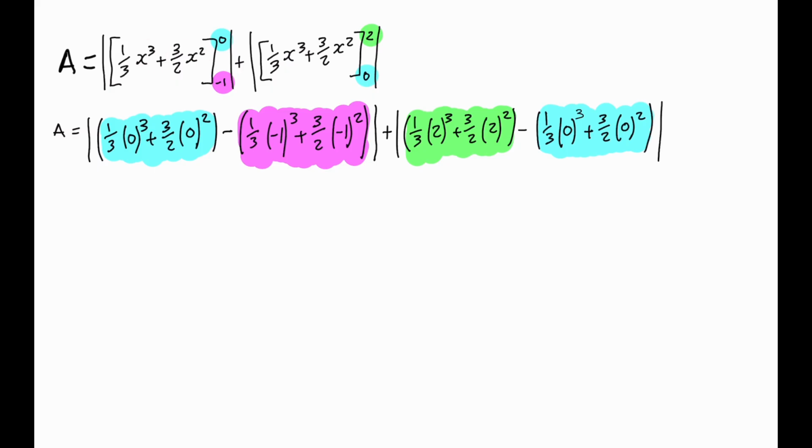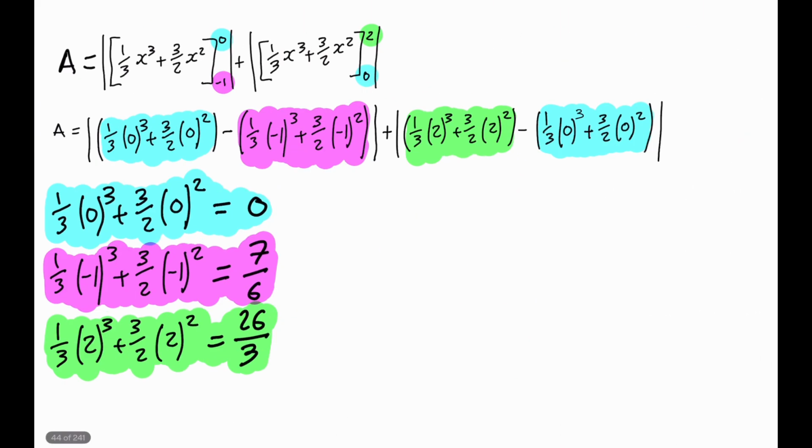So we substitute the 0, the minus 1, the 2, and the 0. For minus 1 to 0, you do the higher limit take away the lower limit, and then modulus this. For the second part, you do the higher limit take away the lower limit again, and you modulus this.